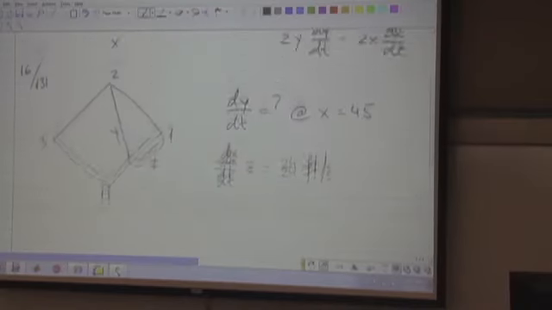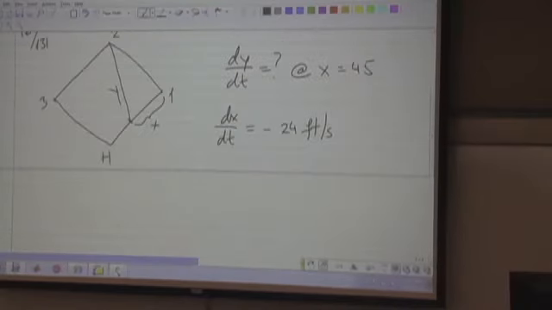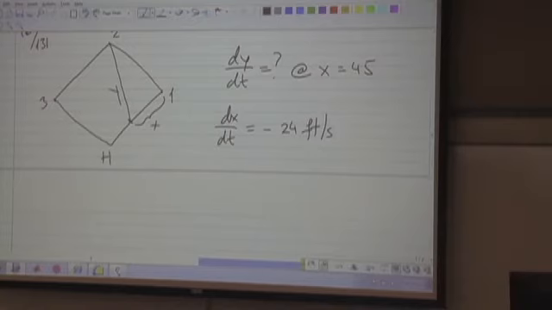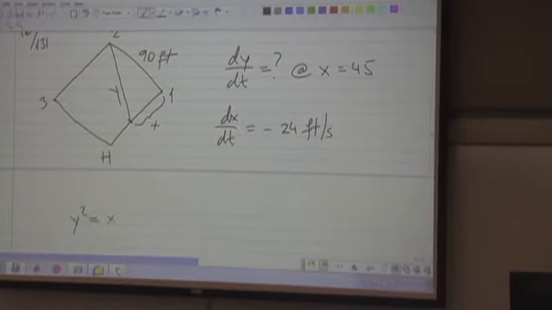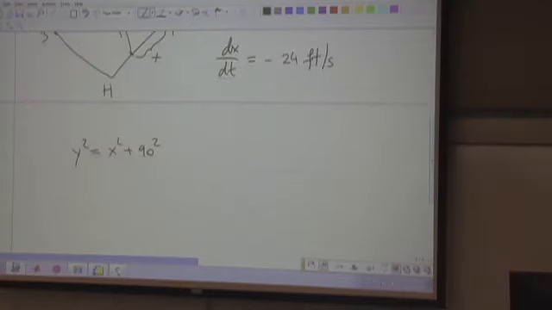So now all I have to do is connect one with the other. This is a fixed distance. It's just 90 feet. And so what I have is that y squared is equal to x squared plus 90 squared. Take derivatives of both sides.